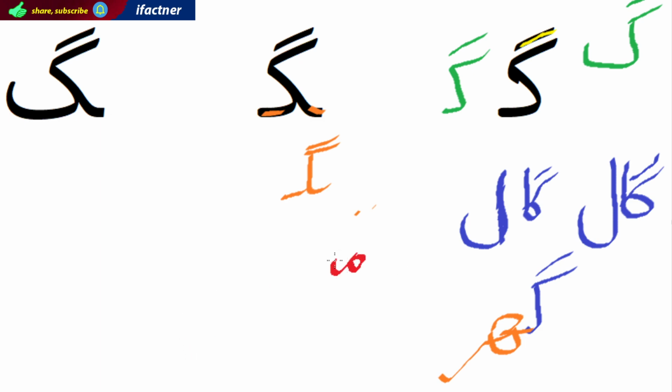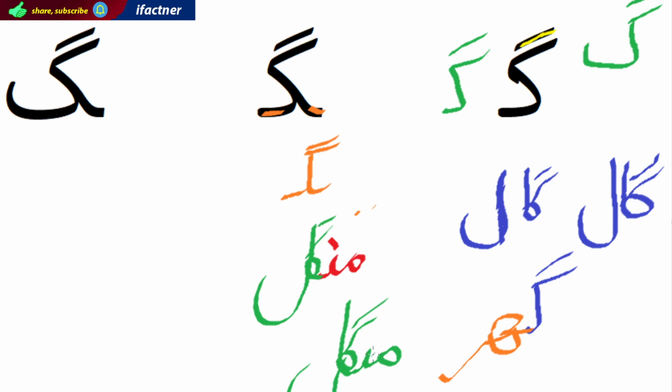Me, noon, and then gal, and we write gaf like this because it is connected to lam. Mangal: me, noon, a circle for gaf, slanting line, and then lam. Mangal.